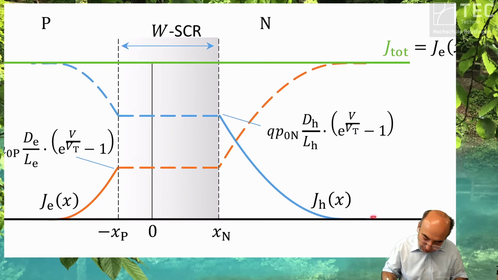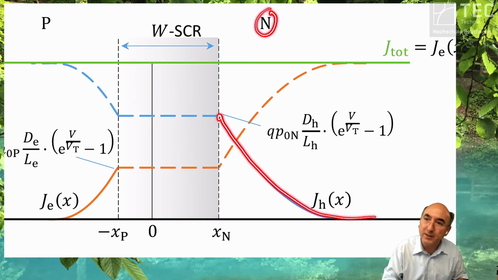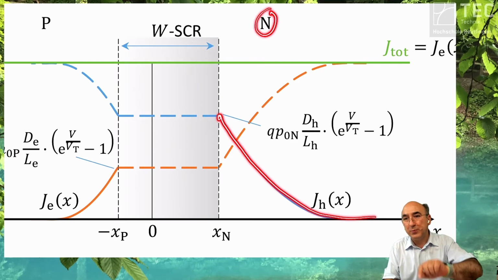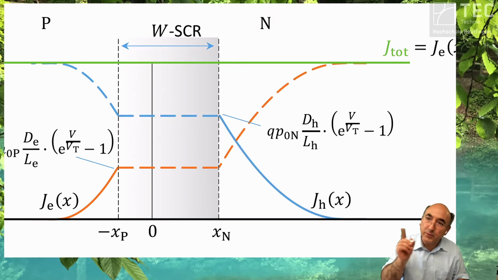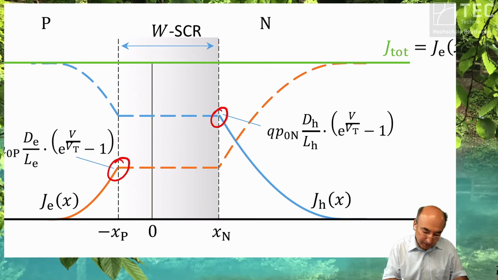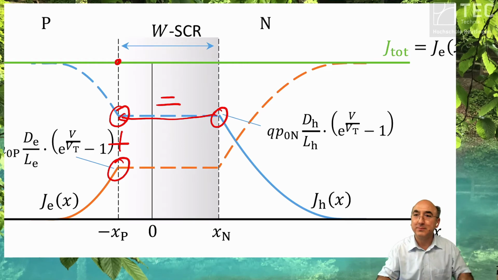Because here we can calculate the current from the minorities in the n-type. And we assume that in the space charge, nothing changes. So if we calculate the current here and the current there, and then we say this is equal, then we can set a plus sign and we have the total current. Yes, the puzzle is complete.